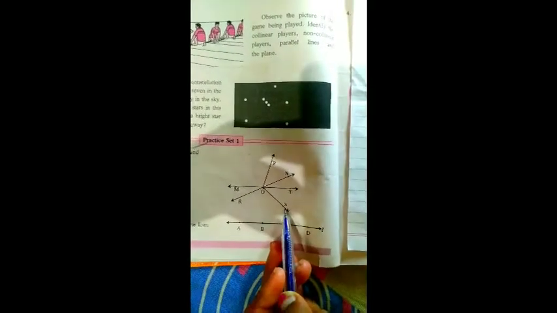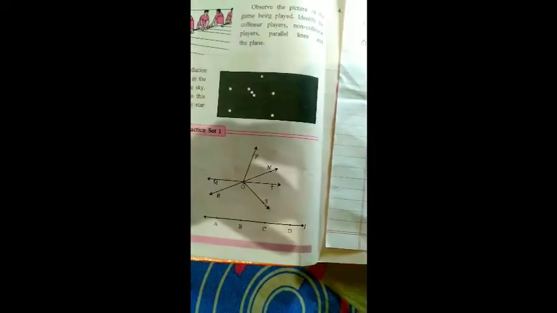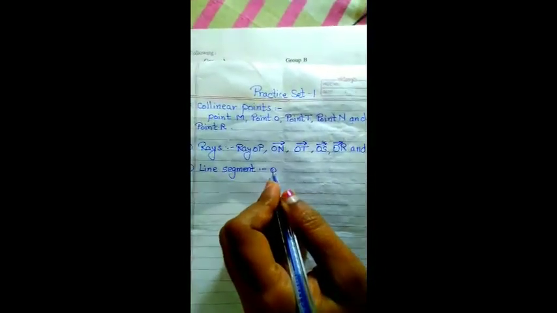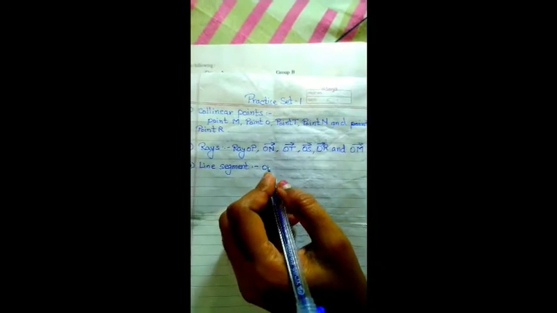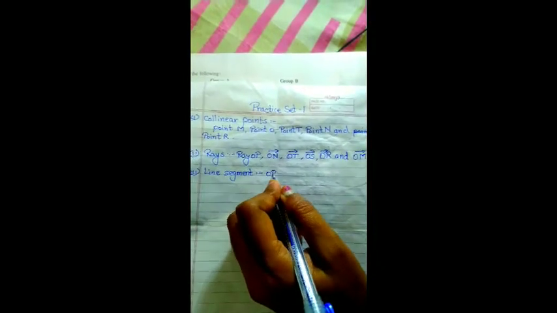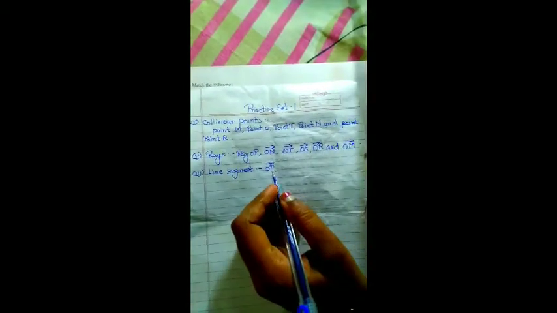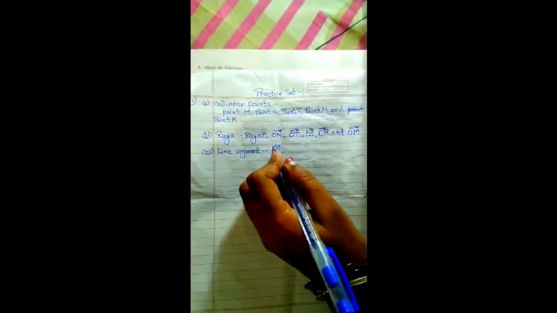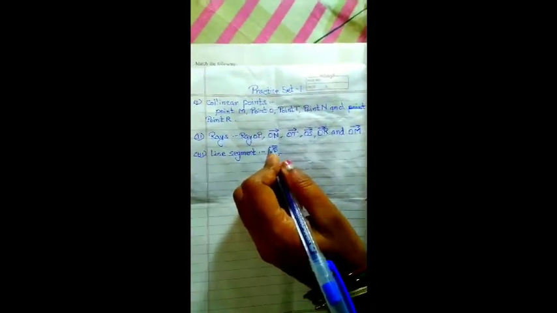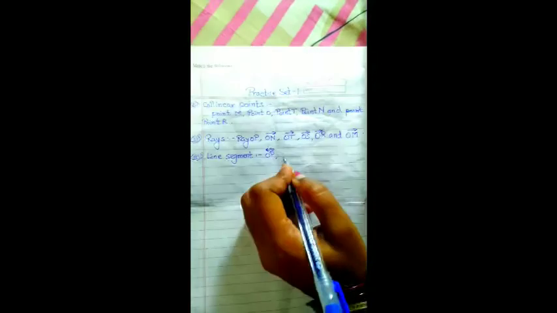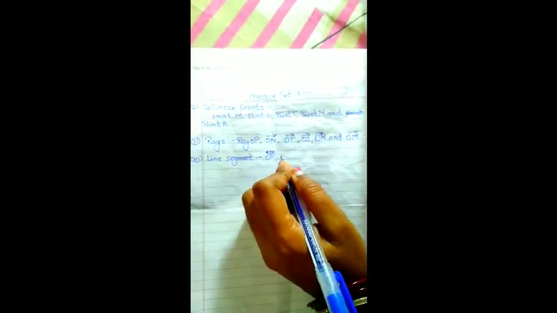You can write OP, and the next one is ON. You can denote the line segment ON.